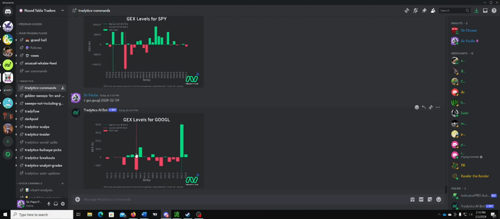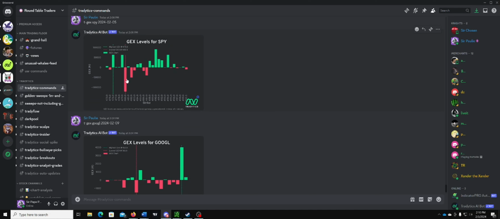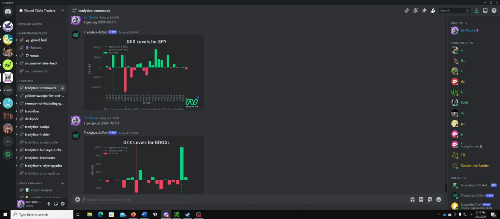Okay, so look at SPY, large red bar at 480, big support. Large green bar at 490, big support or big rejection, depending where the price is coming from. Green bars repel. So if the price is below 490 and it's coming up, 490 will be your rejection.